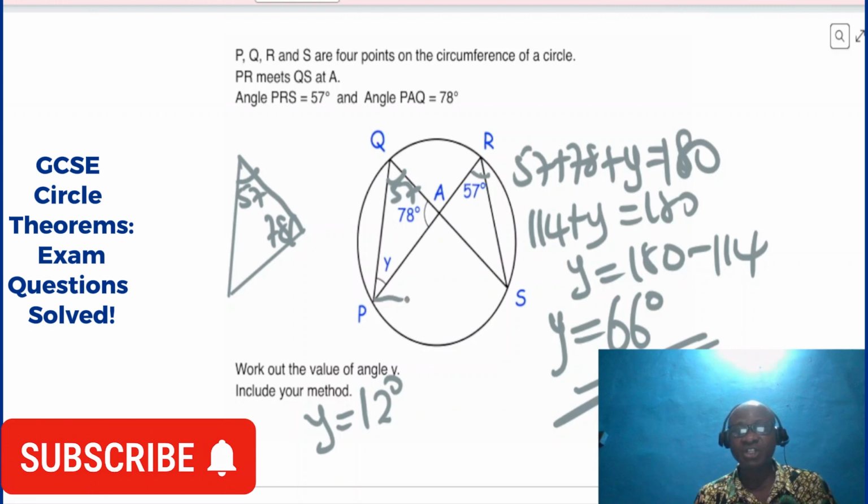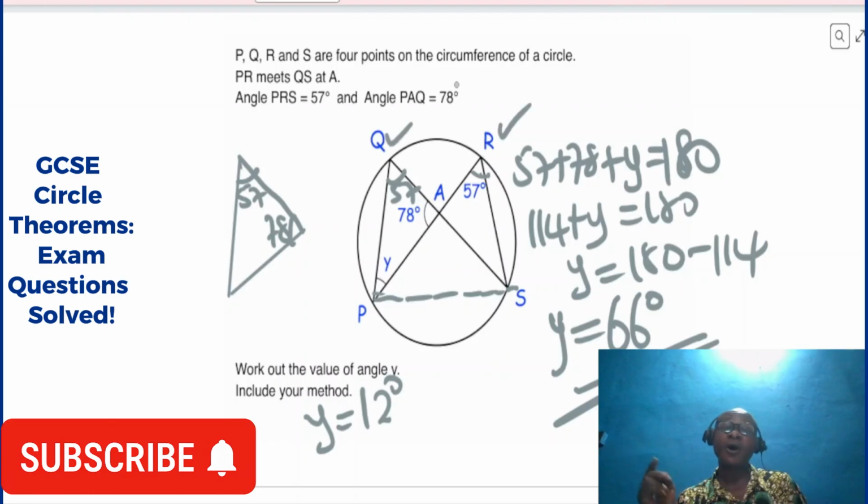Why? Because PS is a chord. PS was used to form angle R, and was also used to form angle Q. Therefore, you have now justified making angle Q 57, meaning that you now have two angles known in the triangle. You apply sum of angles in a triangle.